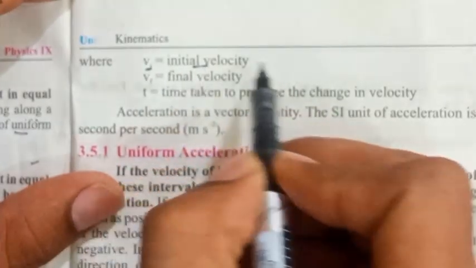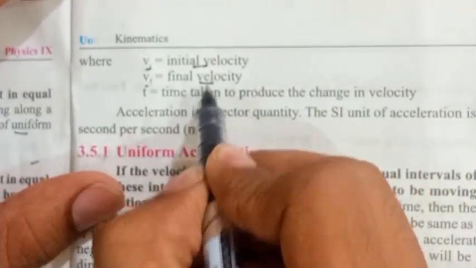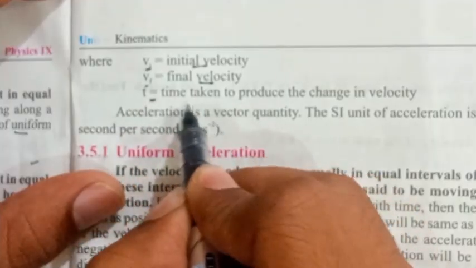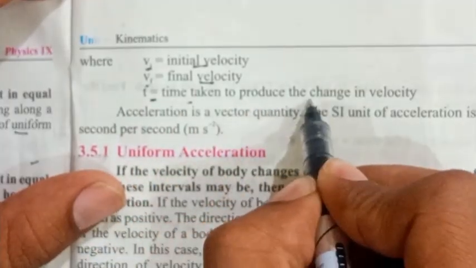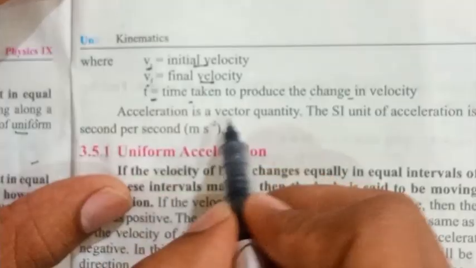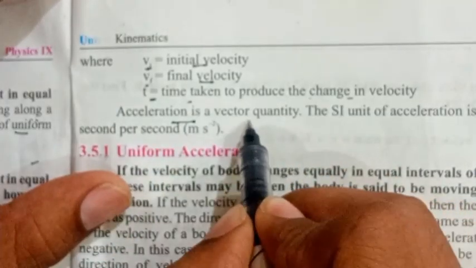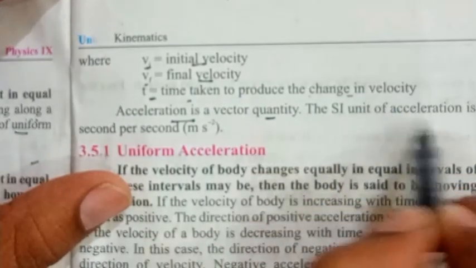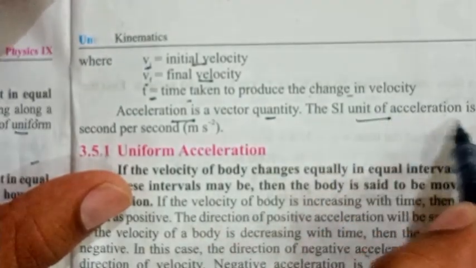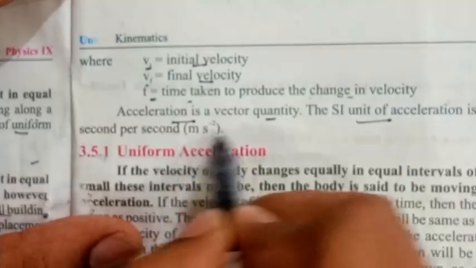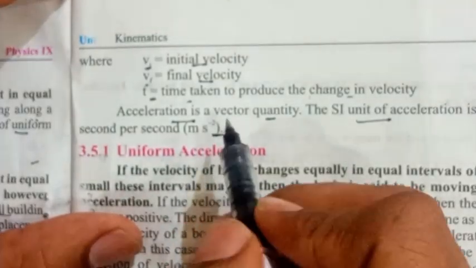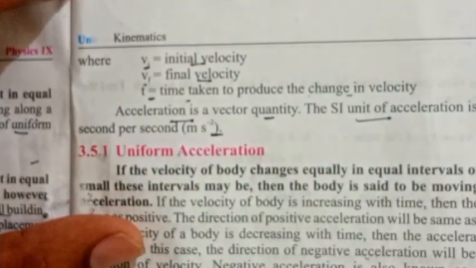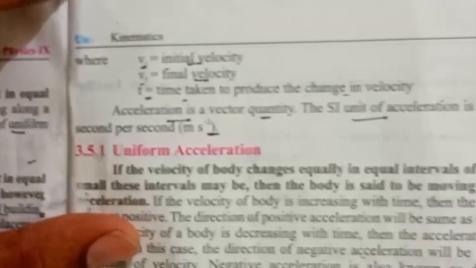Vi is the initial velocity, Vf is the final velocity, and t is the time taken to produce the change in velocity. Acceleration is a vector quantity, which has direction and magnitude both. The SI unit of acceleration is meter per second squared.